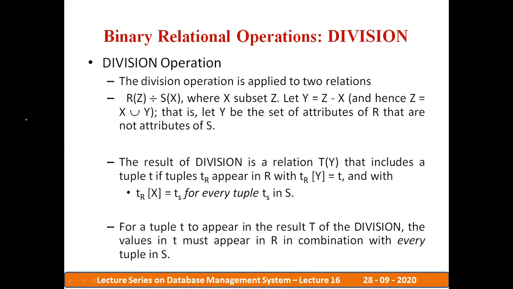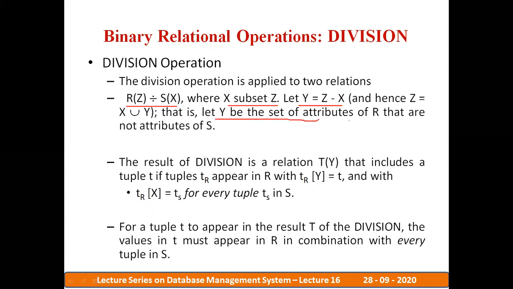Here, we have relation R of Z divided by S of X, where X should be a subset of Z. That means X should have attributes from Z only. So if Z has the attributes A, B, C, D, E, then X should have only a subset of values from A, B, C, D, E. Other than that, it can't take any other values. Then only you can perform the division. So we can call Y equal to Z minus X.